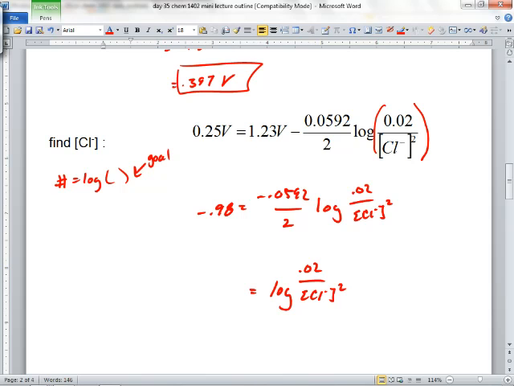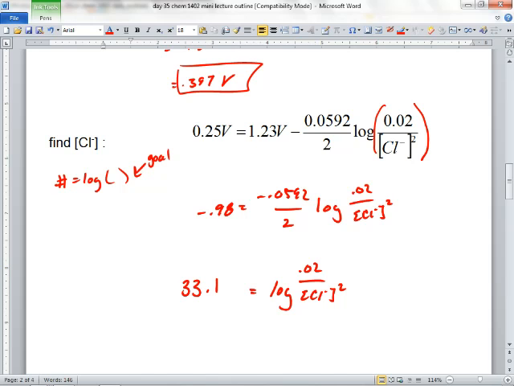So we've done this cross-multiplying thing a lot, right? I'm just going to do it all in one step. Take the 0.98 times 2, divide it by 0.0592, right? Okay with it?